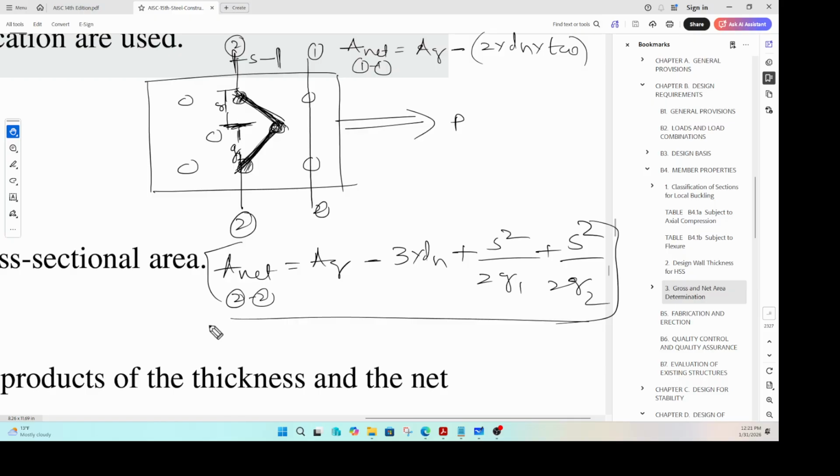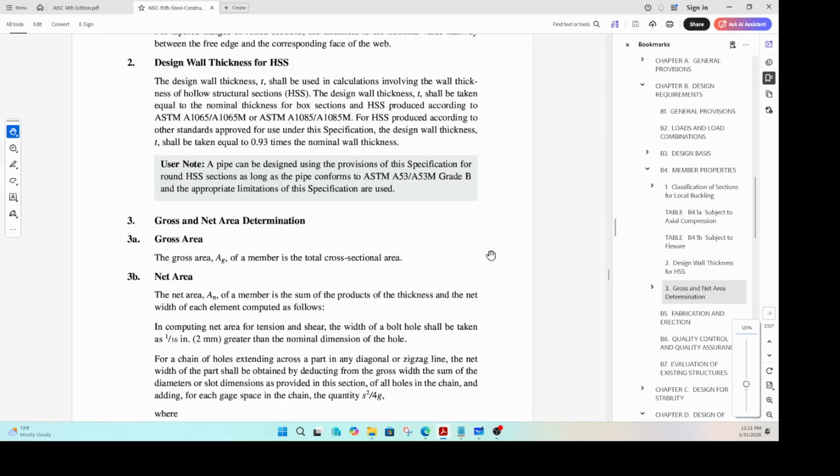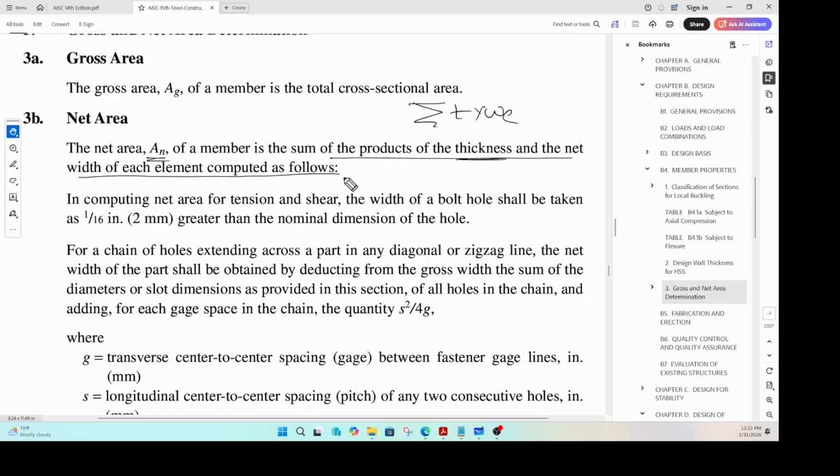Okay. So let's do a problem on this one, wherein we try to apply this. That is what is written in this section here. The net area AN of a member is the sum of the product of the thickness and the net width of each element, computed as follows.